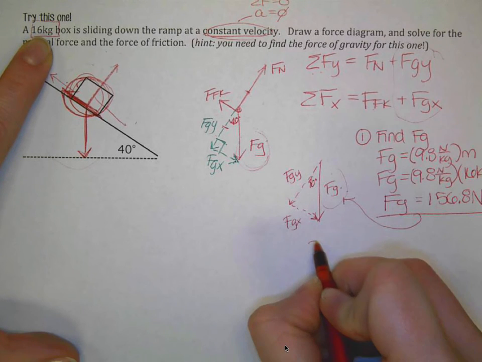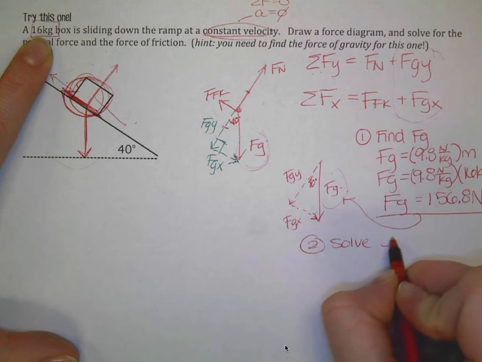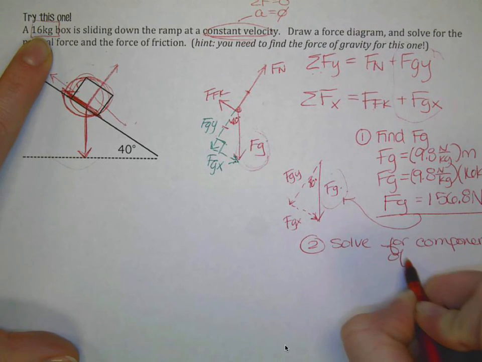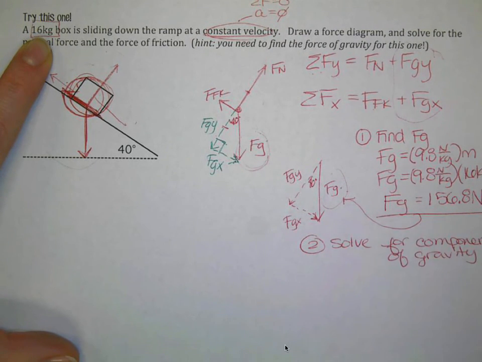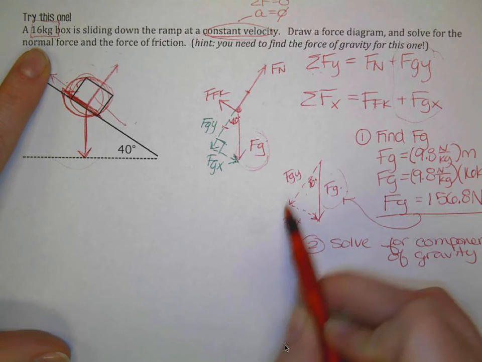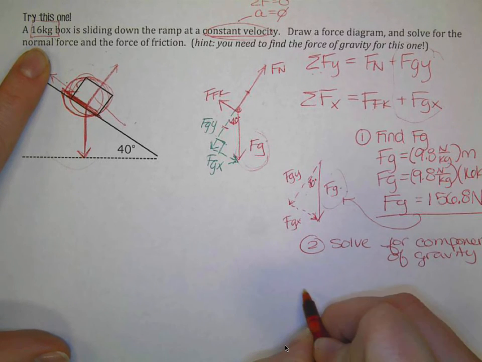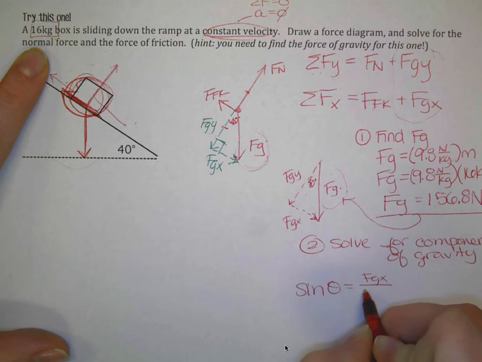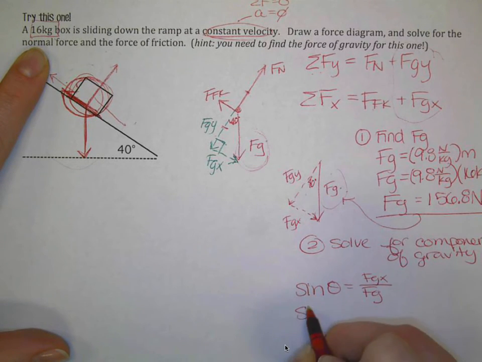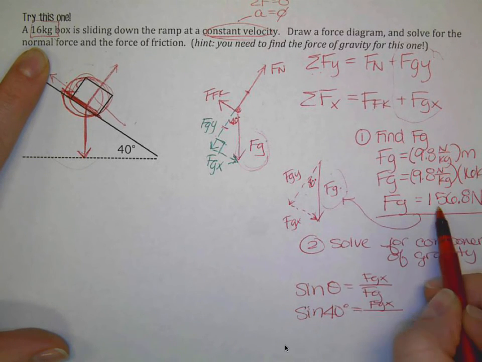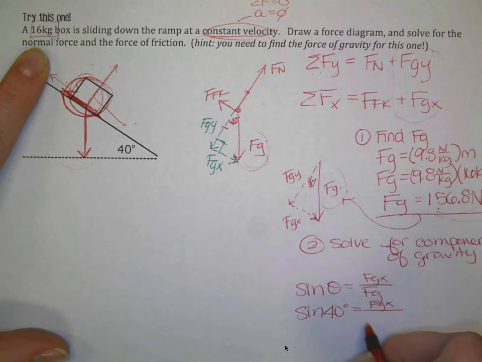So to solve for the components of gravity, with my triangle, I see that my opposite side of the angle, or of 40 degrees, is FGX. So the sine of theta is equal to FGX over FG. Sine of 40 degrees is equal to FGX over our FG value, which we calculated as 156.8 newtons.